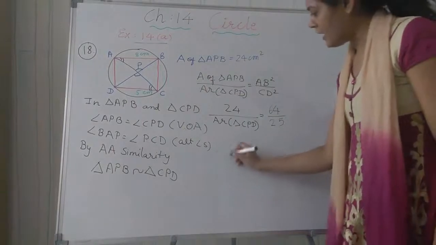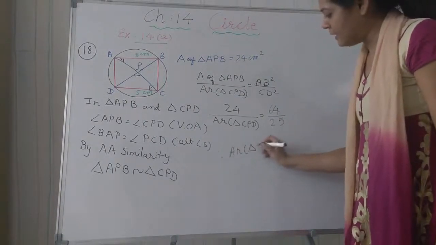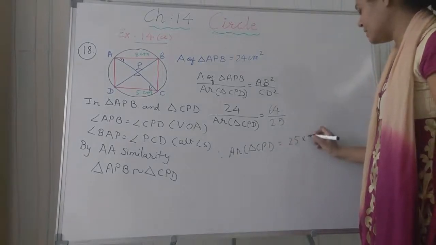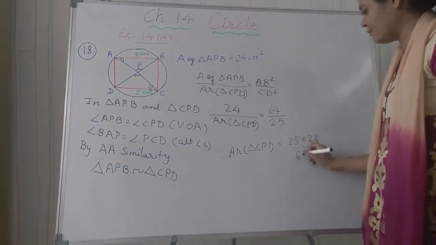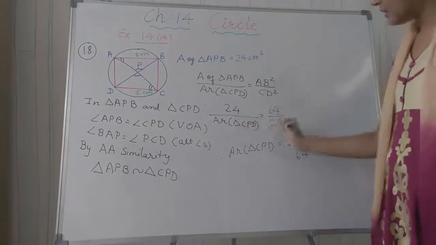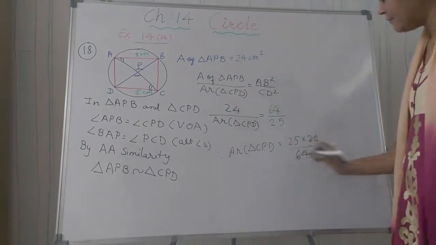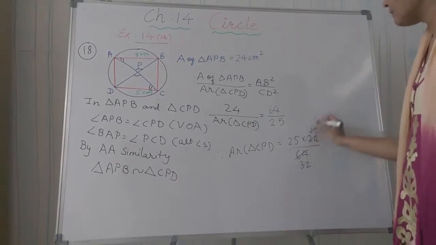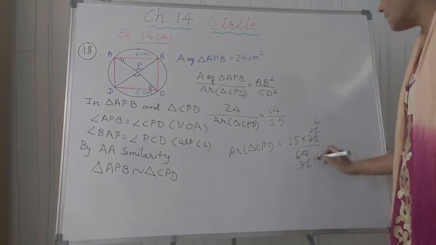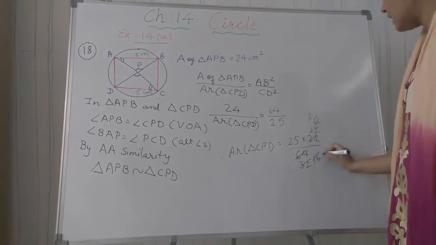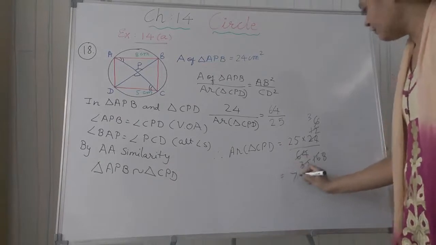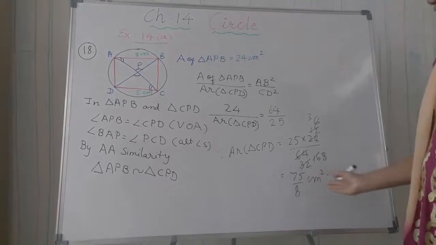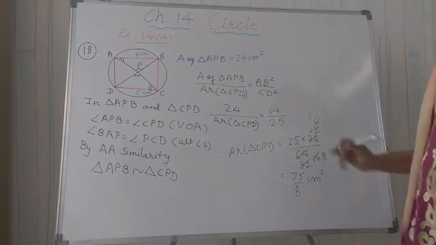So now I get the area of triangle CPD is equal to 25 multiplied by 24 divided by 64. You can see if you take the cross multiplication like this, you get the answer. Cancelling by twos, we get 75 by 8 cm square, or you can find the answer as a mixed fraction or decimal, it is up to you.